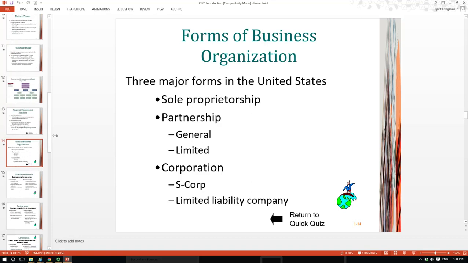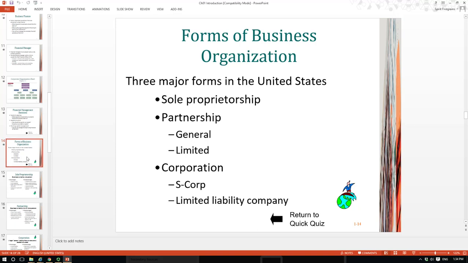Nowadays, businesses can be established based on several different forms, and here are 3 major forms of business organization in the United States. The first one is sole proprietorship, and the second one is partnership, and the last one is corporation.